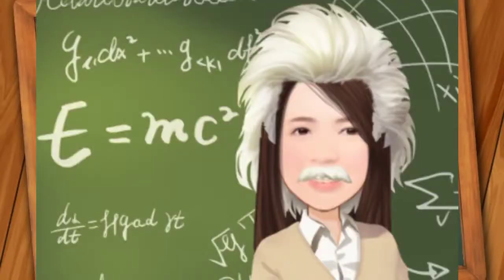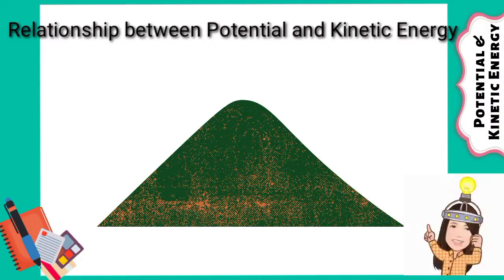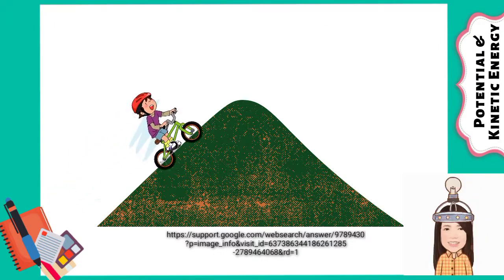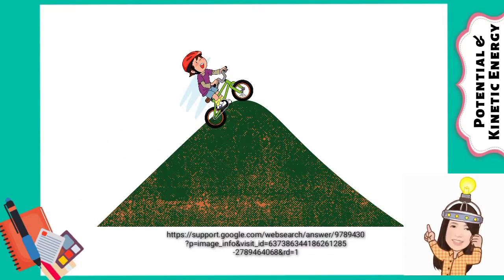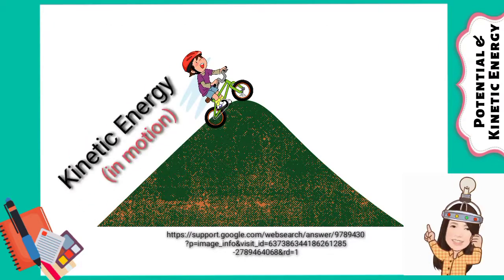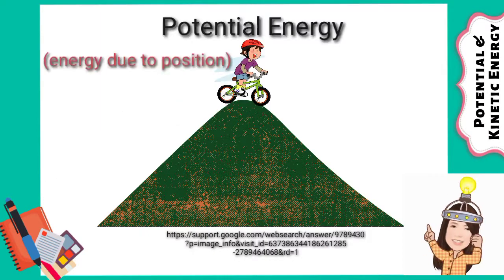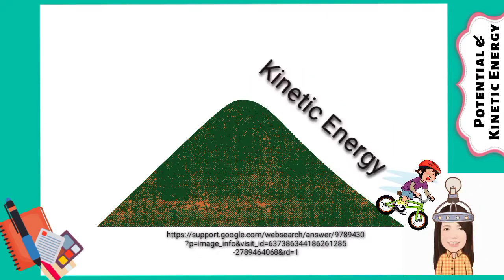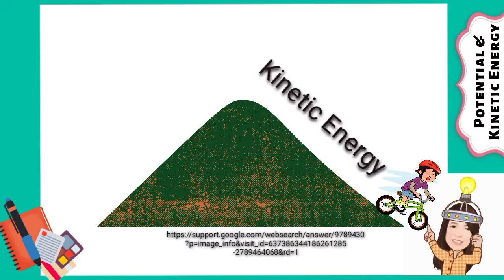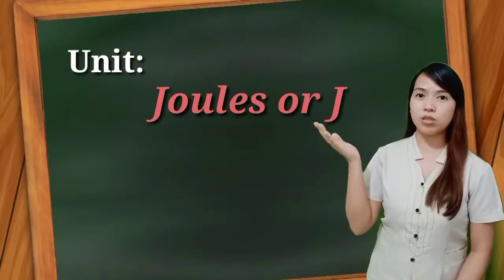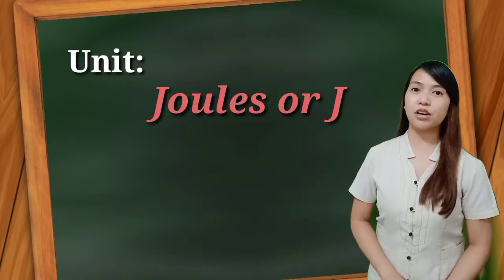The answer is yes. This illustrates the relationship between potential energy and kinetic energy. As a biker goes up the hill, he is in motion, kinetic energy, and when he stops and rests on top of the hill, potential energy. As he goes down, kinetic energy.